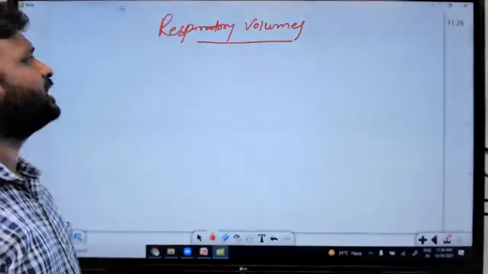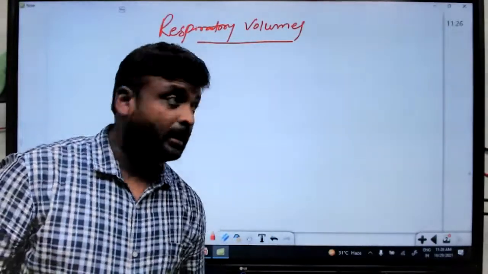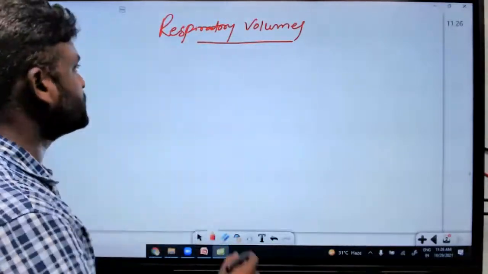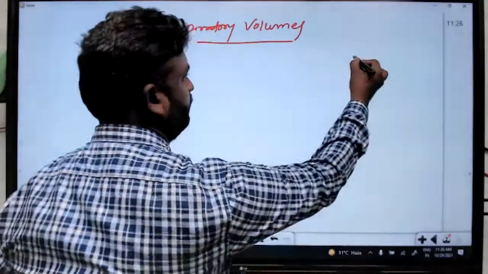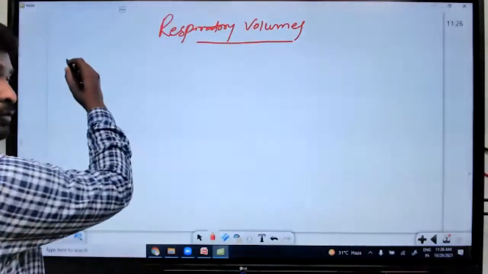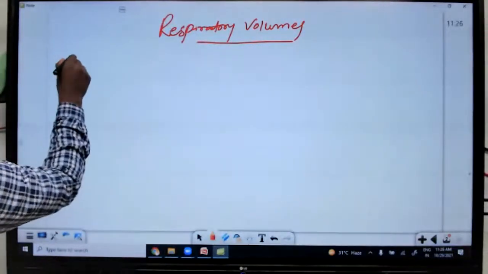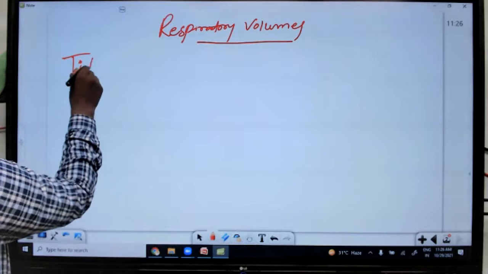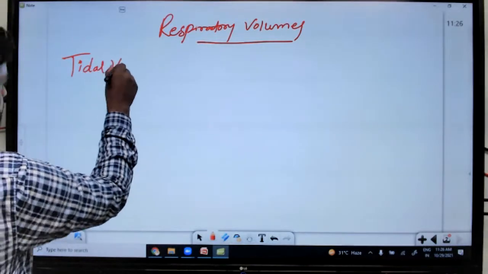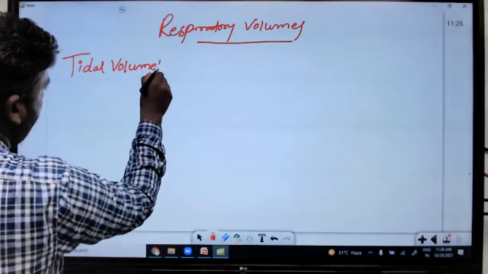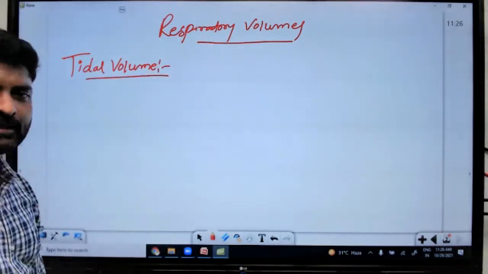Right, students, I'm telling you here about the different types of respiratory volumes. In the first one, I'll write it here. So first one, tidal volume. Got it?